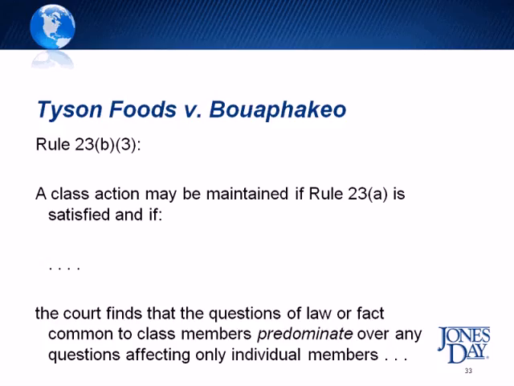Rule 23(b)(3), of course, says that a class action may be maintained if Rule 23(a) requirements are satisfied and if the court finds that the questions of law or fact common to the class members predominate over any questions affecting only individual members.